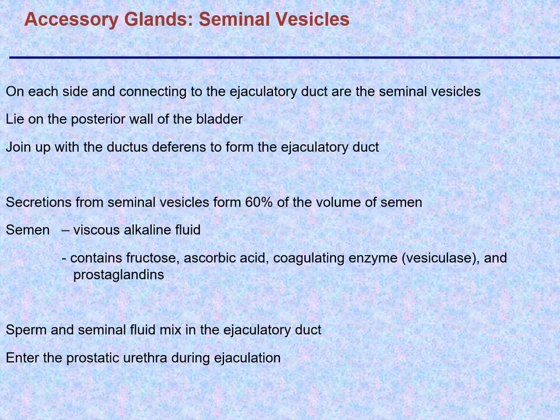The 60% of the volume of the semen from the seminal vesicles contains fructose, ascorbic acid, coagulating enzyme, and some prostaglandins. This mix of sperm and seminal fluid occurs in the ejaculatory duct and then enters into the prostatic urethra during ejaculation.